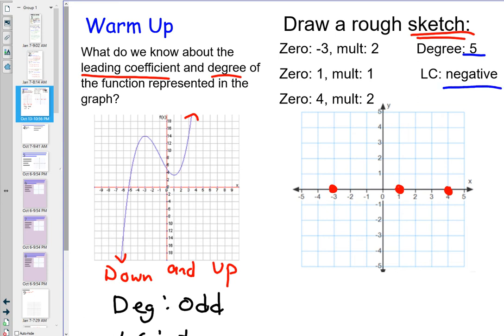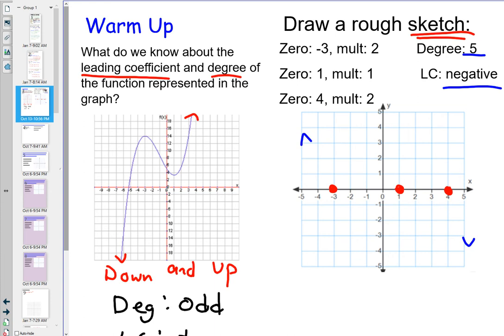Odd with a negative lead. What are my arrows going to do? Left arrow up, right arrow down. As long as you put them outside of your zeros, where they specifically go is kind of left open to interpretation. It doesn't have to be perfect.